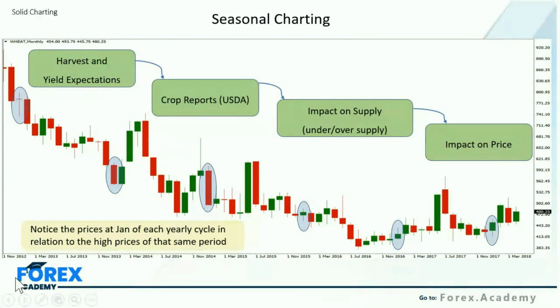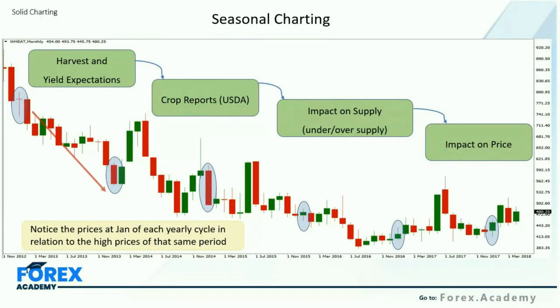And please notice the prices at January of each yearly cycle in relation to the high prices of that same period. So it's not so much about the actual price itself in the month of January. It's actually what has happened prior to that price.